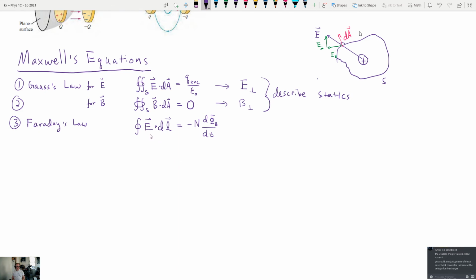Okay, so this equation describes what happens when you have a changing magnetic flux. It produces electric fields or produces currents, however you want to put it. And in this case, let's see, does this have to be around a closed path?